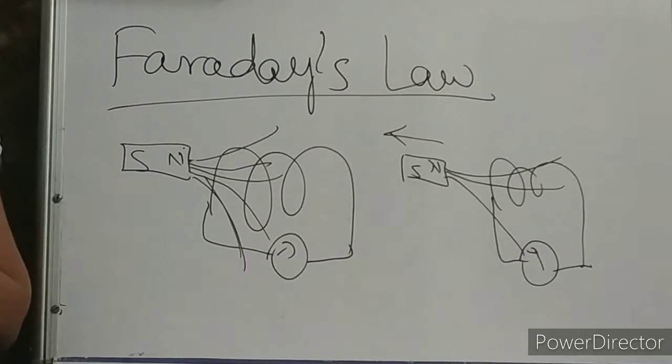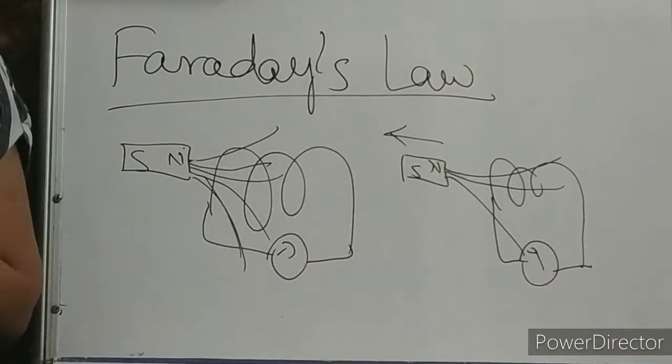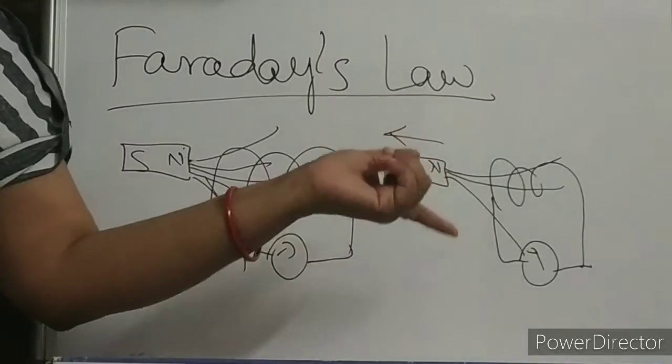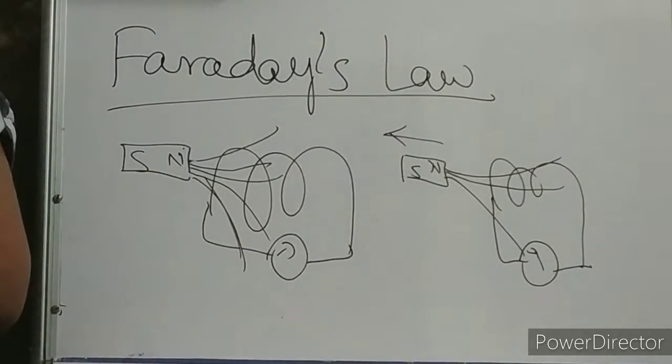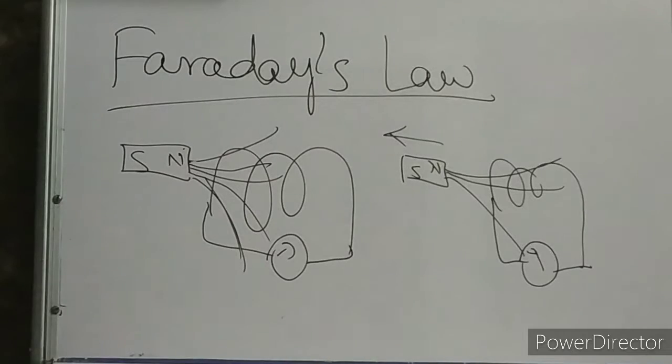Okay children? Now today we are going to learn another new term. We have been discussing magnetic field lines for a long time, and today we get the opportunity to know another new term. What is that new term, children?